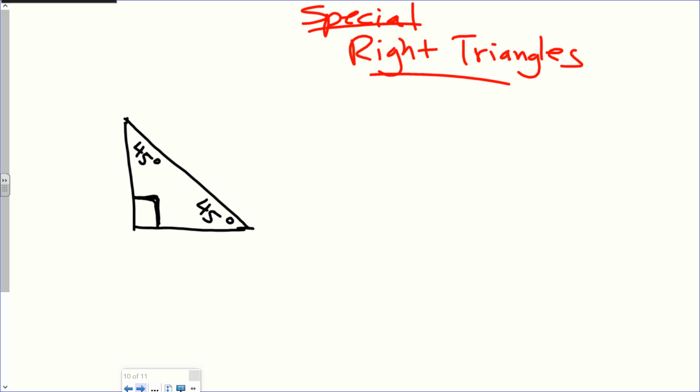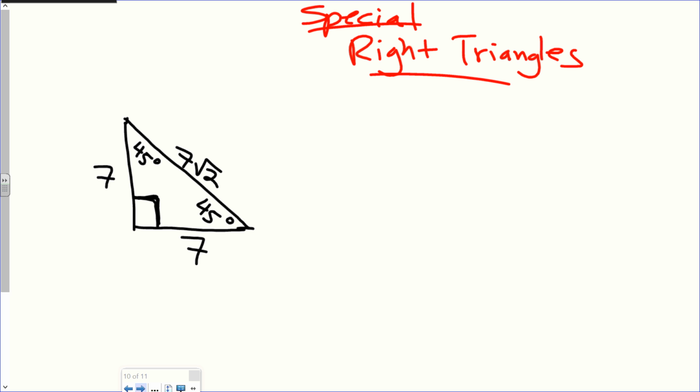Now, the legs are the same size. Let's pretend they're vast. What's your favorite number? Let's say this is 7 inches here, and this is 7 inches. Do that with me. Then that means the hypotenuse is going to have to be 7 rad 2. Do that for me.